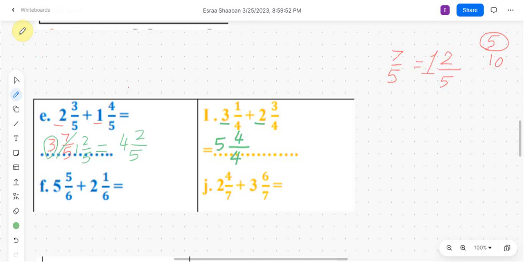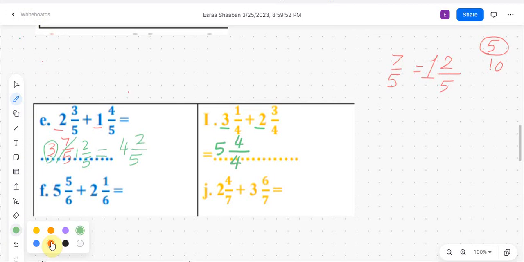Uh-oh, this is also improper, because the numerator is greater than or equal to the denominator. It's so easy to divide: 4 over 4 makes one whole, right? So one whole, and we have also 5 wholes, it will be 6 wholes.